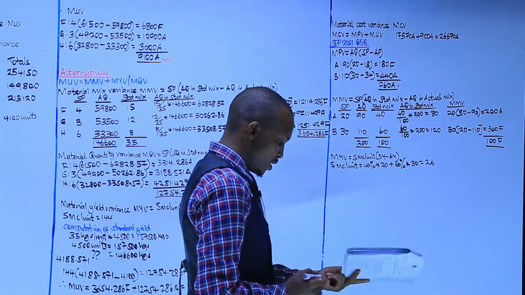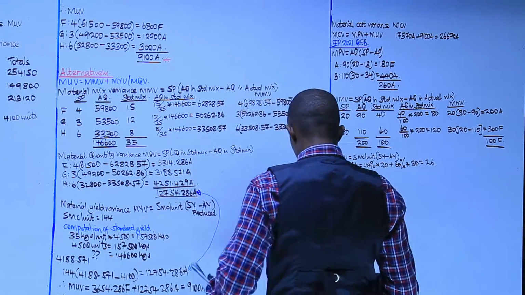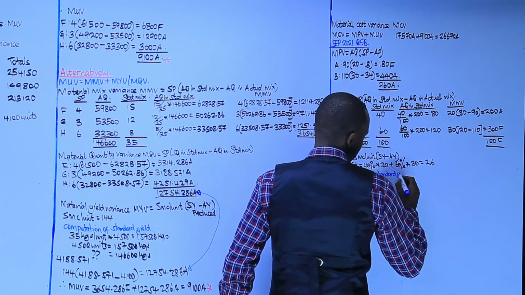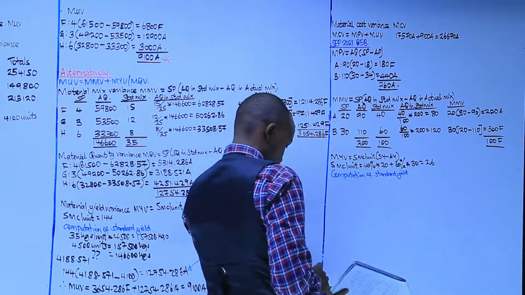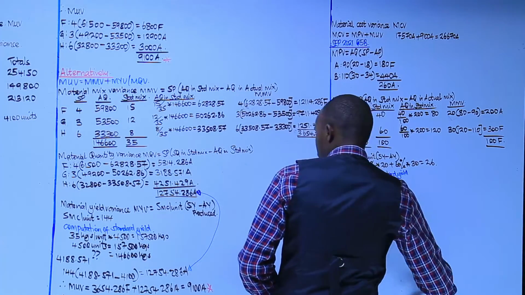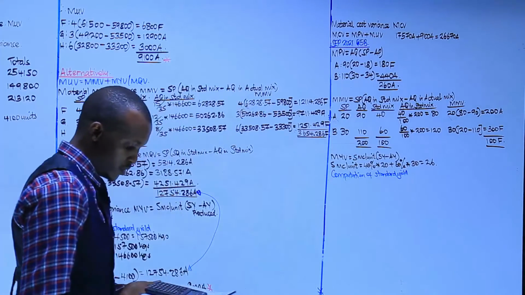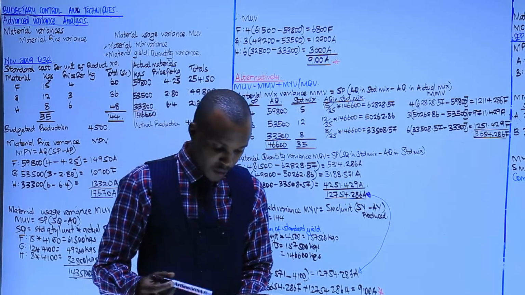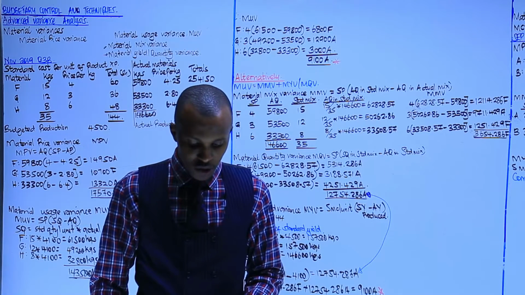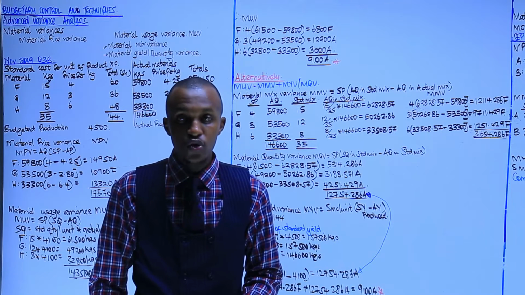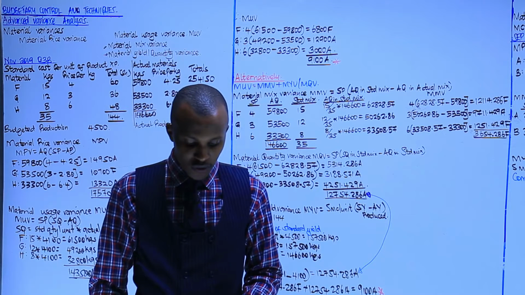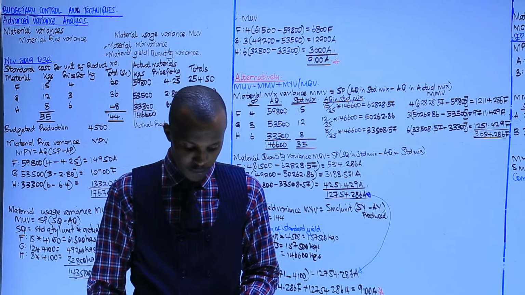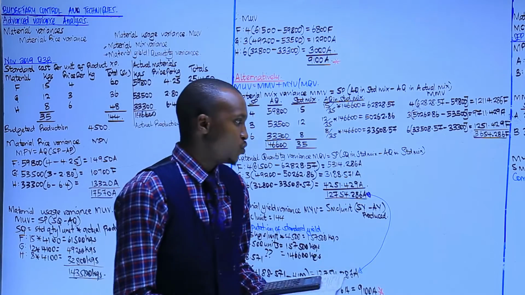Let's determine our standard yield. They were saying the standard cost of a certain chemical mixture is 40 and 60, and a standard loss of 10% is expected during production. So this is what we do here.